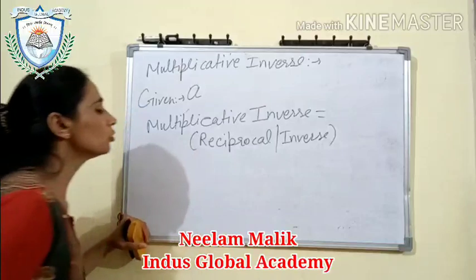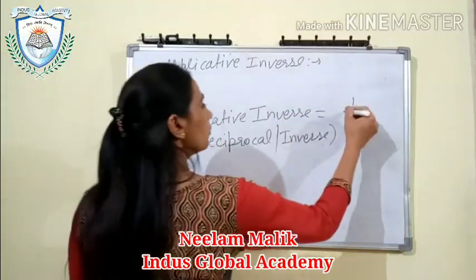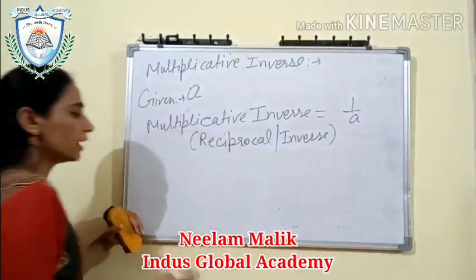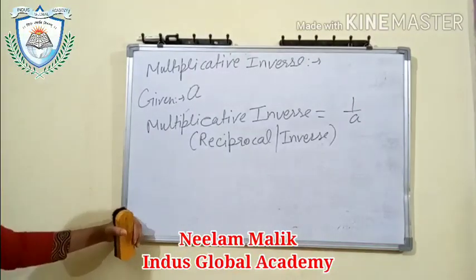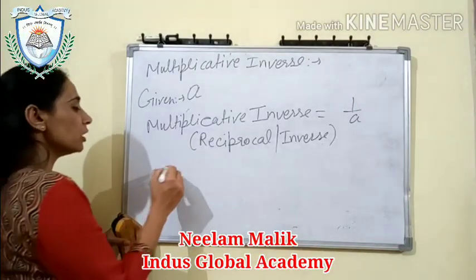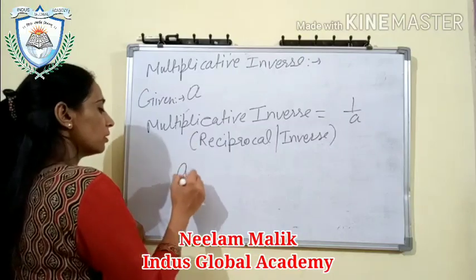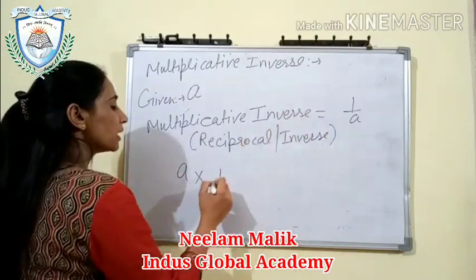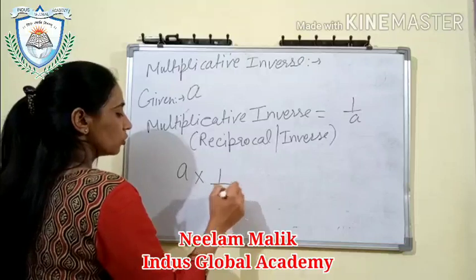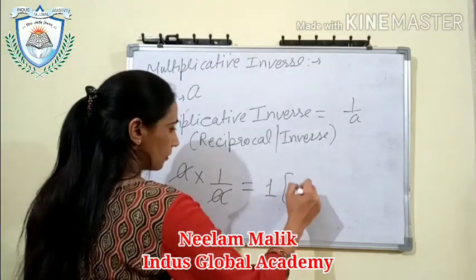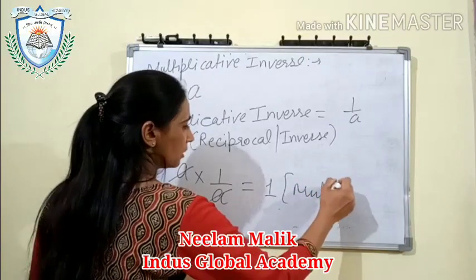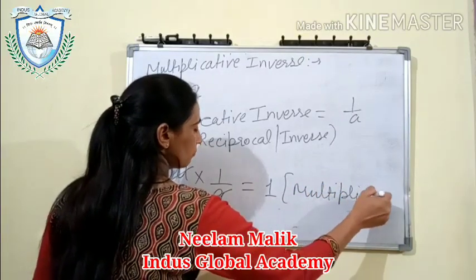So what is the reciprocal? 1 upon a. And if you multiply, because we are talking about the multiplicative identity and the multiplicative inverse, the actual number and its multiplicative inverse, you will get the answer 1. That is the multiplicative identity.